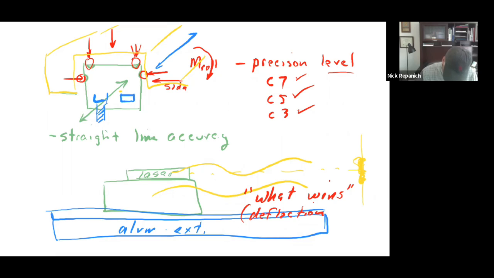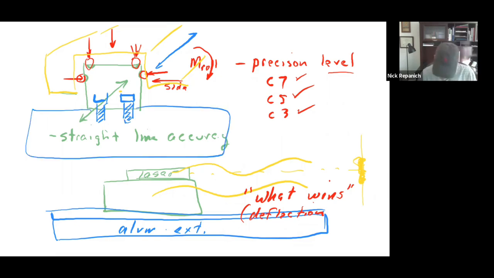This is a little set screw kind of thing. So this gets bolted down into something, here's our something that we're bolting to. What wins the deflection? As you begin to cinch these bolts down, you're changing the shape of one or the other. They both have their own flatness.